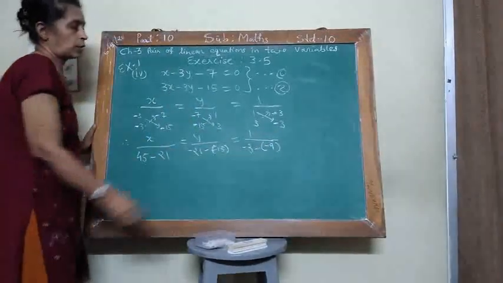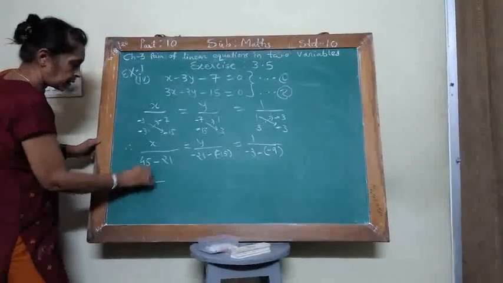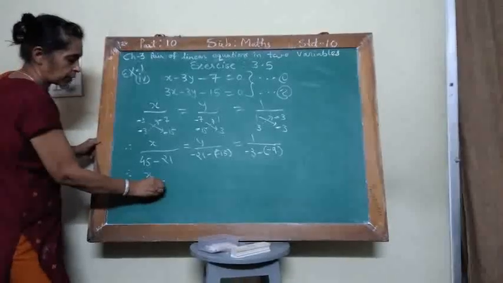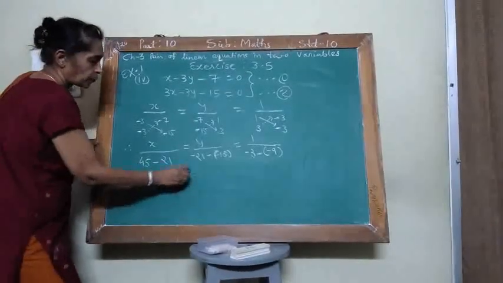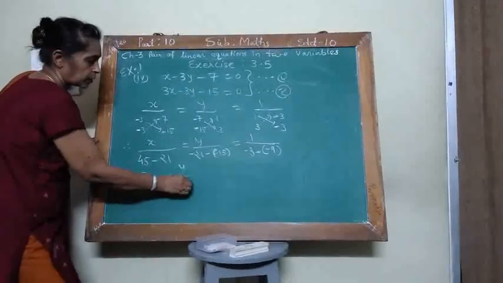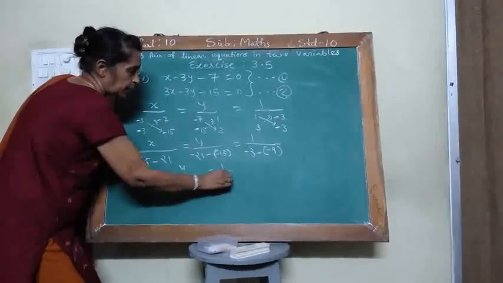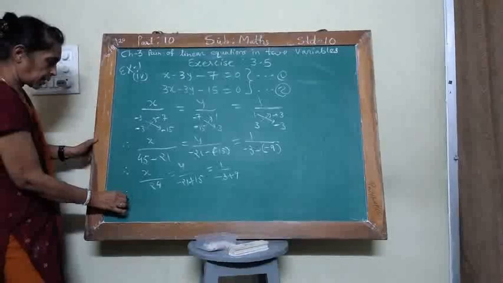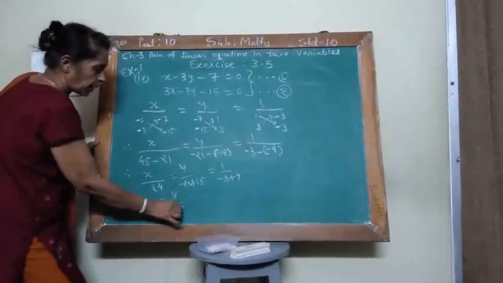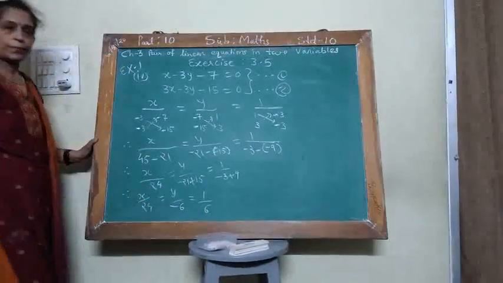Put it this way, and don't do it directly. 45 minus 21 is 24, a positive value, 24. y upon minus 21 plus 15, and 1 upon minus 3 plus 9. Therefore you get x upon 24 is equal to y upon minus 6 is equal to 1 upon 9 minus 3, which is 6. Clear?